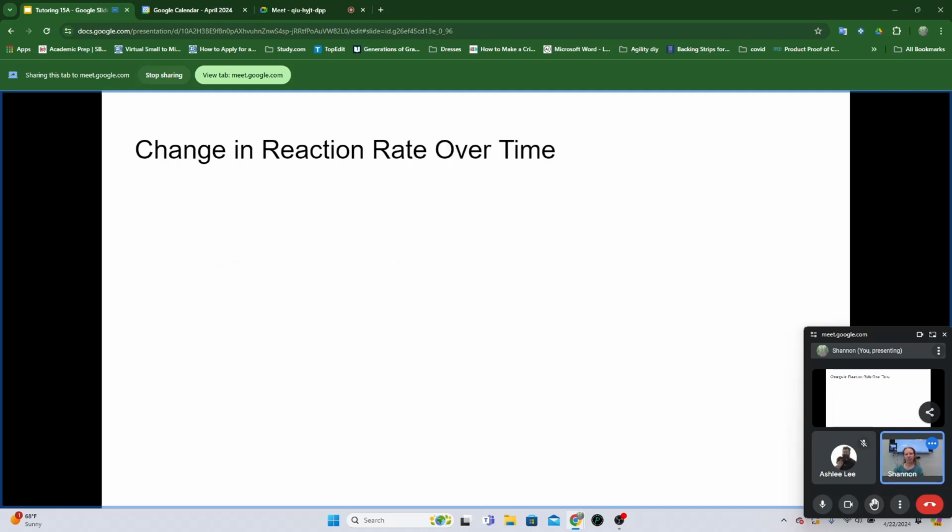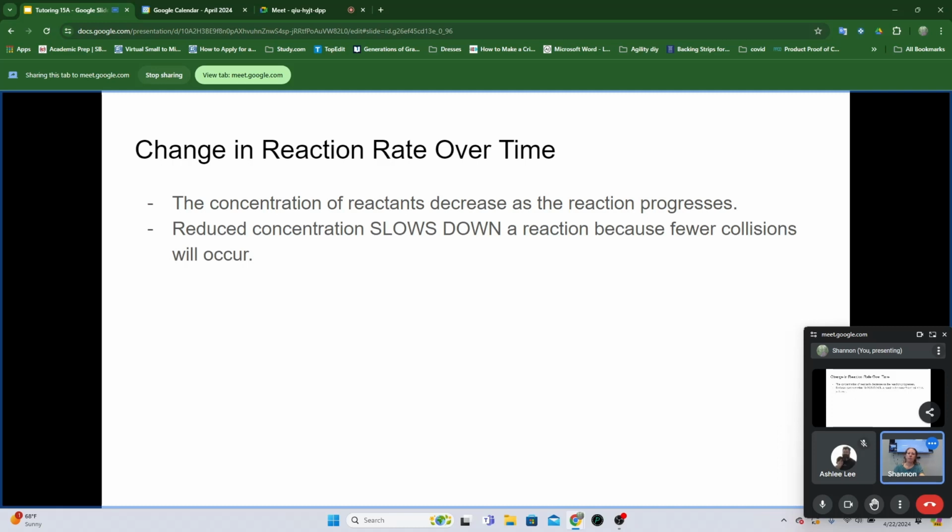Okay. So, change in reaction rate over time. We already talked about how the concentration of the reactants will always decrease as the reaction is progressing. Therefore, from what we just talked about in the last slide, if we reduce the concentration, that slows down the reaction because fewer collisions will occur.